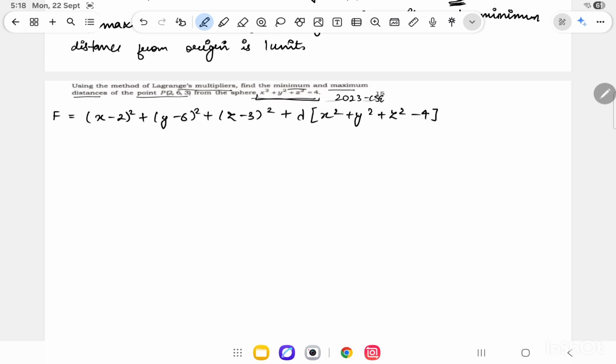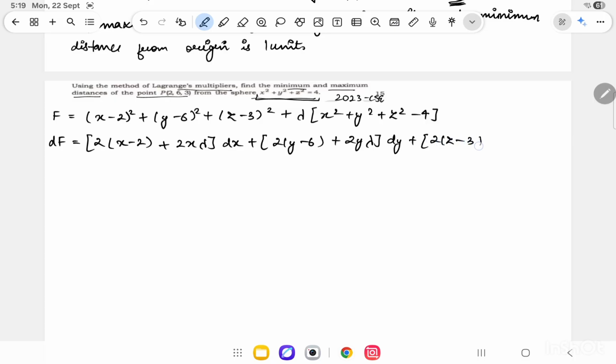Now let's differentiate it. Let's take its total differentiation, that will be basically 2x minus 2 plus 2x lambda into dx plus 2y minus 6 plus 2y lambda into dy plus 2z minus 3 plus 2 lambda z into dz.